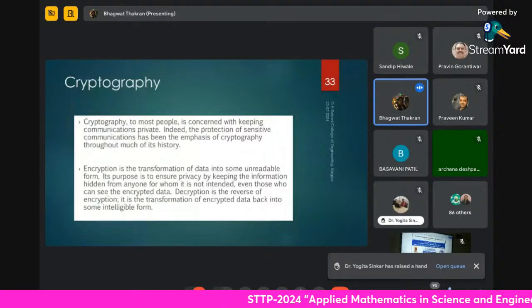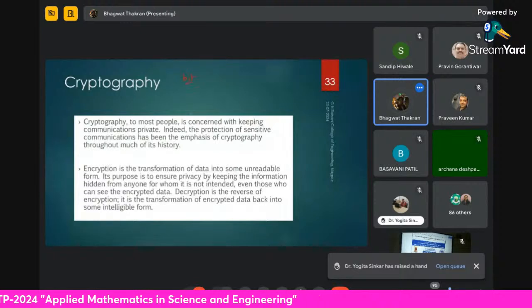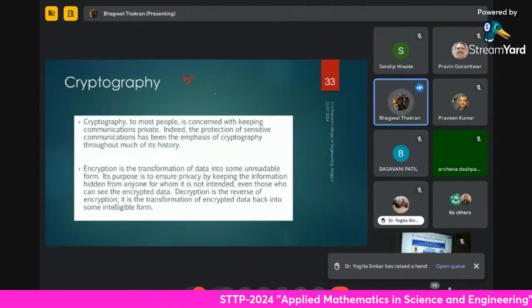Most of you have seen it: the bit system, or a unique code system, 64-bit to 56-bit and so on. These are the types of encryption in networking systems.